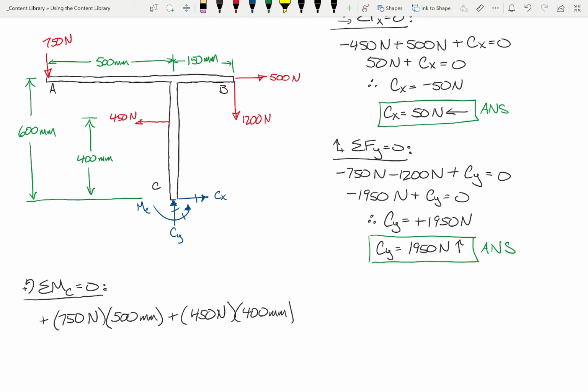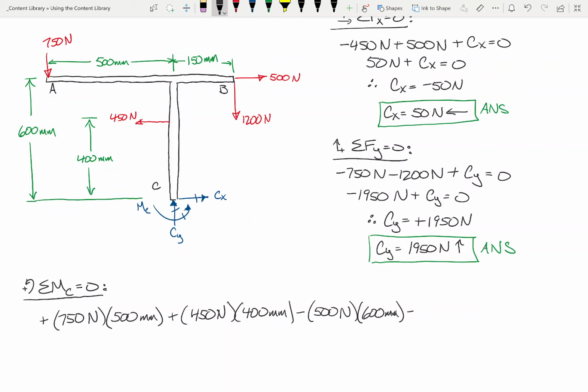Okay, so next one, does that cause rotation? Yes, but it causes clockwise rotation. And the moment arm is from the line of action to C. So it's going to be that distance there, which is 600 millimeters.